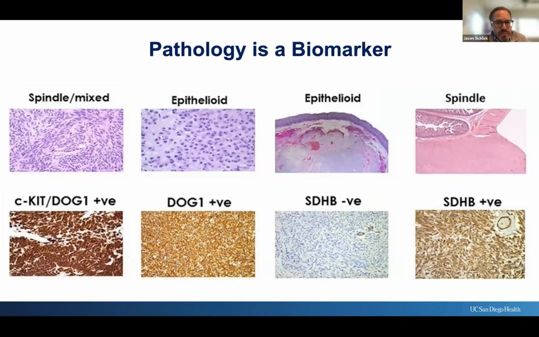And so we know that, as you can see on the bottom row there, that KIT and DOG1 are two biomarkers of GIST. But we now add on a third biomarker being the SDH expression, specifically the SDHB expression.